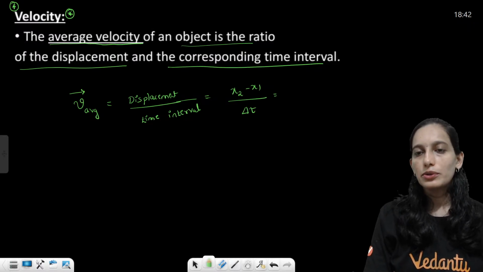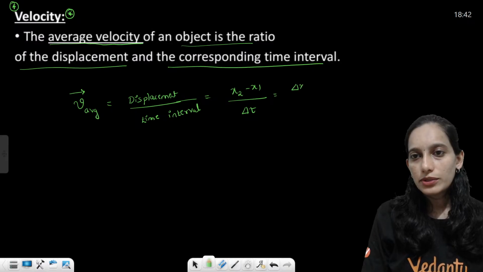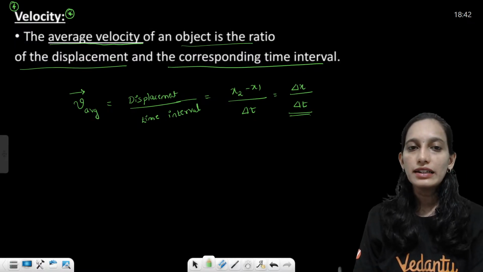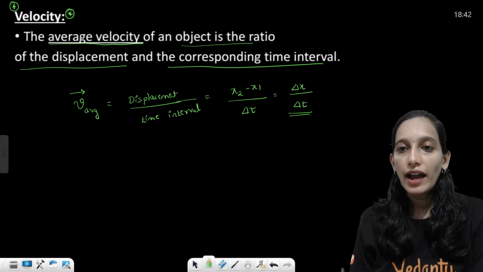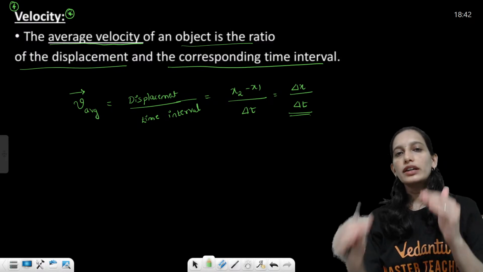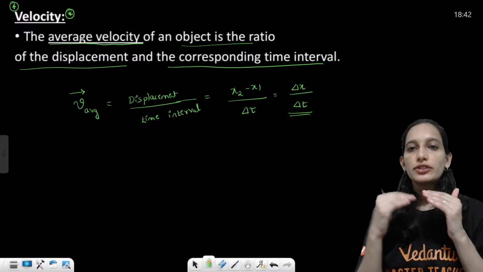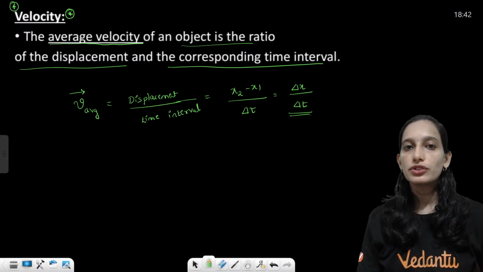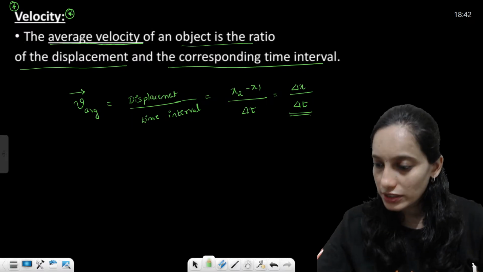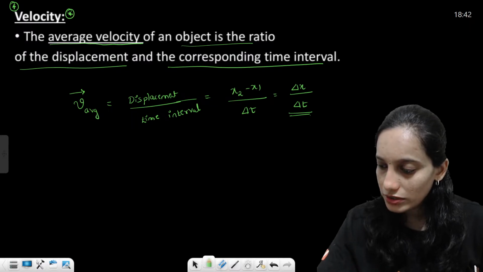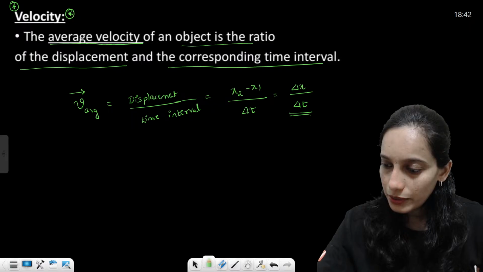Or this x2 minus x1 is nothing but delta x, the notation we use. So delta x by delta t is going to be your average velocity. The displacement corresponding to the given time interval, if you take that ratio, that is going to give you the average velocity. Okay, so that is our average velocity. Hope you're following.